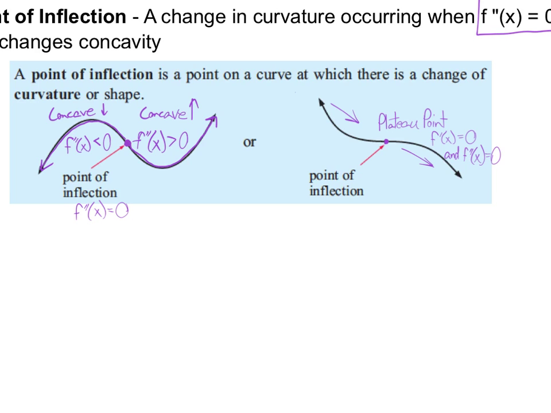So not all points of inflection are plateau points, but all plateau points are points of inflection. That's exactly right. So you could see, here's our points of inflection, or POIs, and a subset of those are the plateau points.